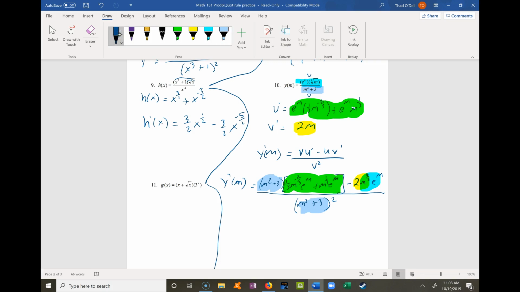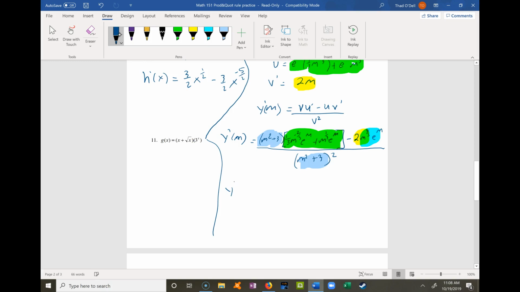So now we've got to clean this up by distributing some stuff. On the bottom I still have m squared plus 3, squared. And on the top, I'm going to have to distribute that m squared plus 3 through the other stuff. So m squared times that first term is going to be 1/3, m to the 6/3 and m to the negative 2/3.